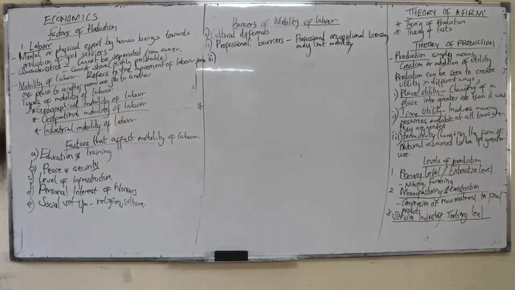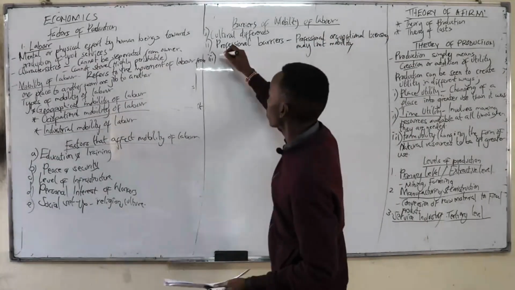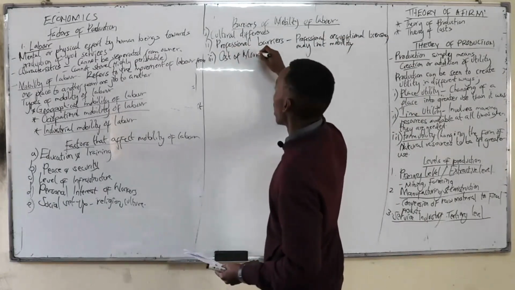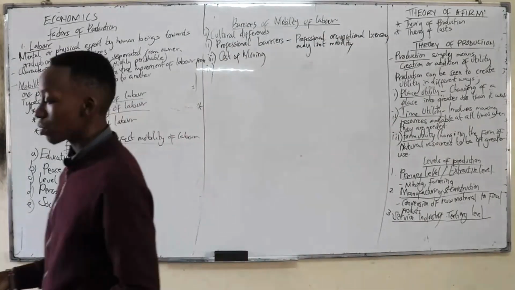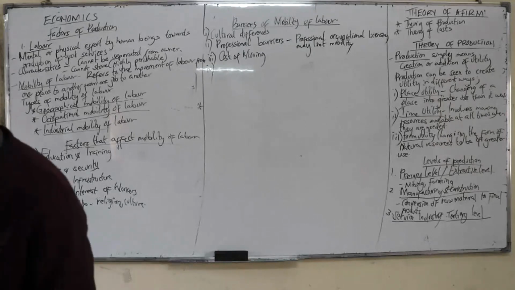And then also the cost of moving, it's not easy to just uproot your life and leave. So cost of moving may be high. And also the aspect of the personal ties that people have, so the family and social ties.